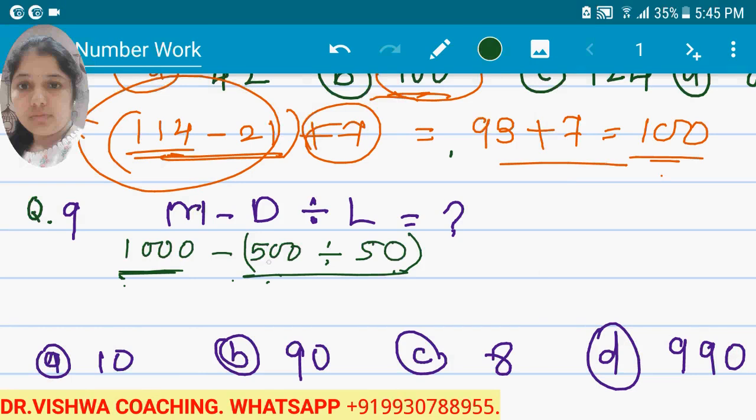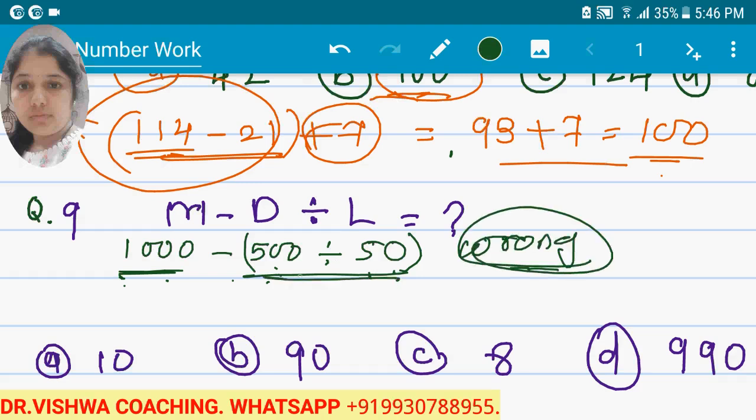If you first subtract this 500 from 1000 and then divide by 50, then your answer is wrong. So always first do multiplication or division when 2-3 things are given together. So 500 should be divided by 50 first. This is the correct method.